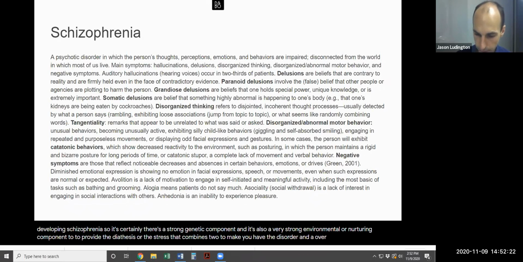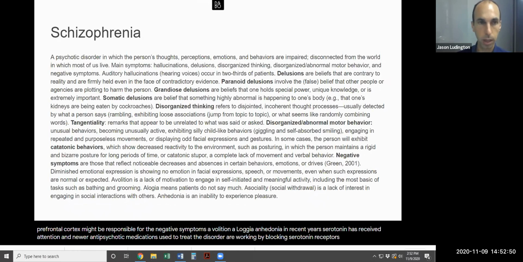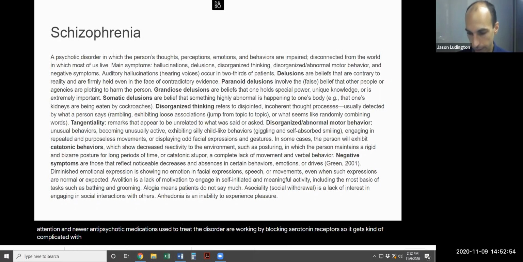An overabundance of dopamine in the limbic system may be responsible for some symptoms, such as the hallucinations and delusions, whereas low levels of dopamine in the prefrontal cortex might be responsible for the negative symptoms, avolition, alogia, anhedonia. In recent years, serotonin has received attention, and newer antipsychotic medications used to treat the disorder are working by blocking serotonin receptors.